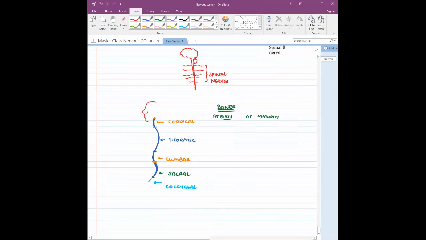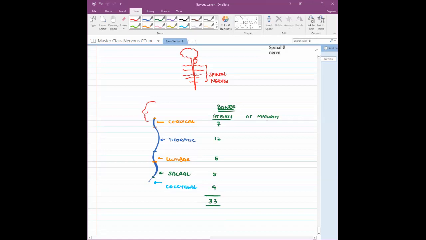So at birth, how many cervical bones? 7, 12, 5, 5, 4. Guys, if you do the maths of this, we are going to have in all 33 bones in your vertebral column.